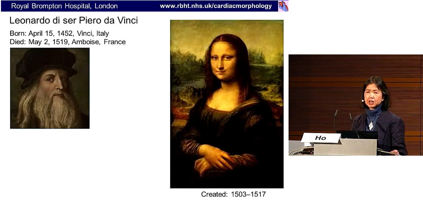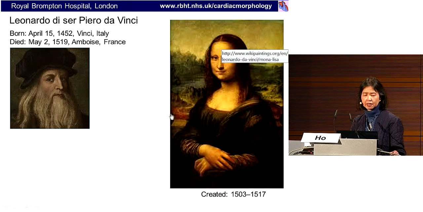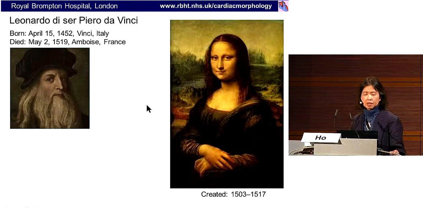I think you all know Leonardo da Vinci from having seen his beautiful paintings from all over the world. Leonardo was born in a small hilltop town on the road between Florence and Pisa, and he's very well known for his beautiful paintings for the general public, of course.